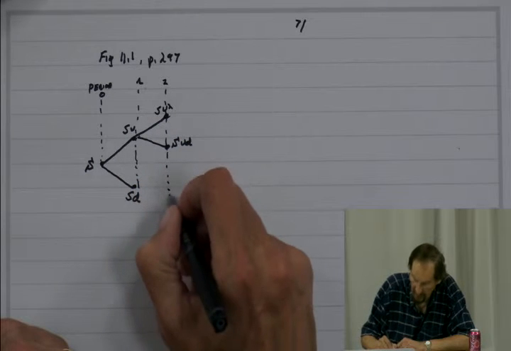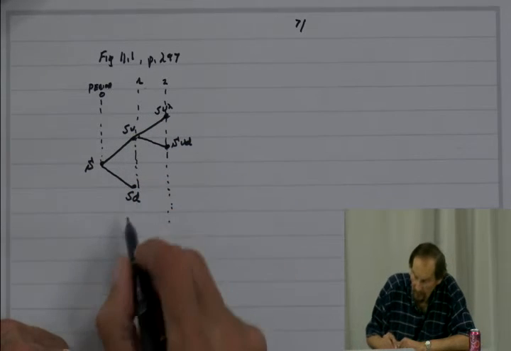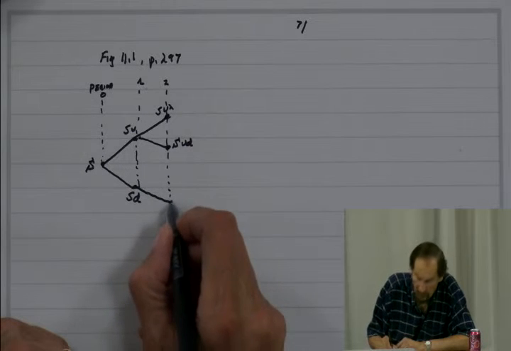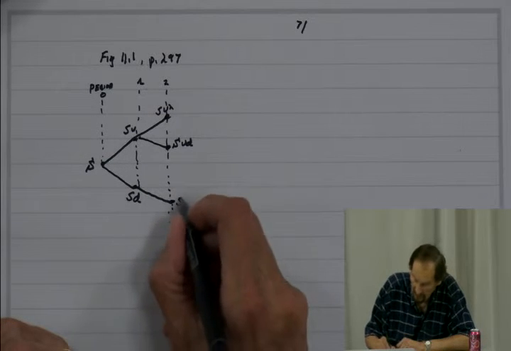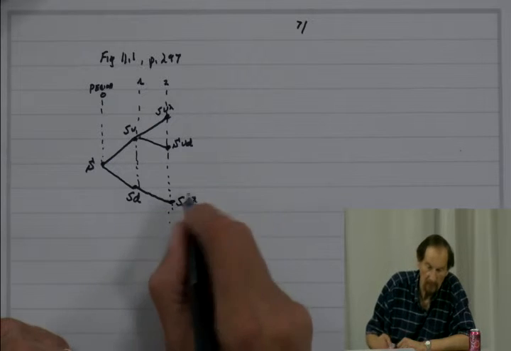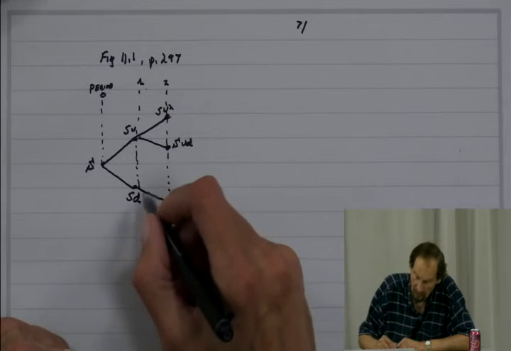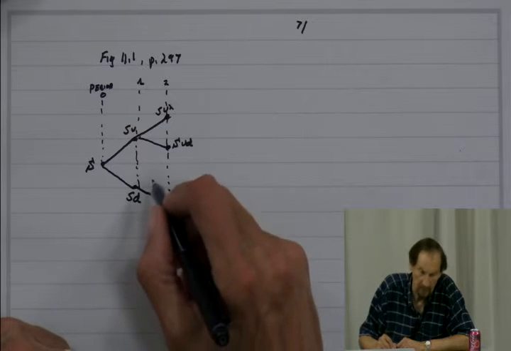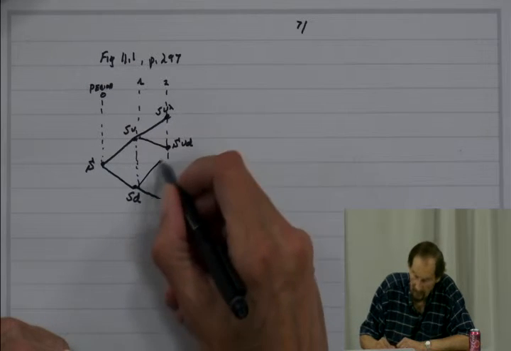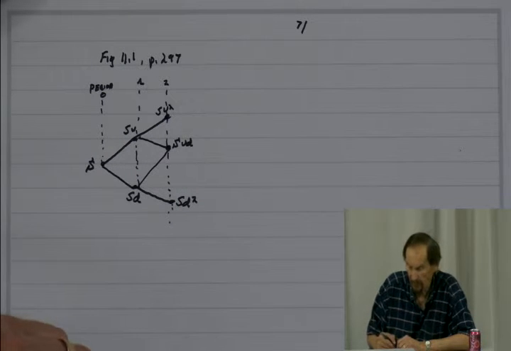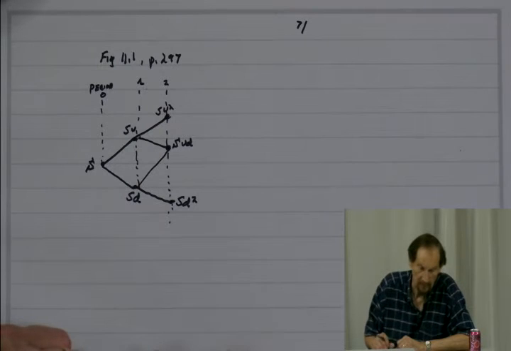Likewise, on the downside, we can continue going down to SD squared, or we can go down 1 and up 1, and so we're going to go here to SUD. I could have made that a little better.